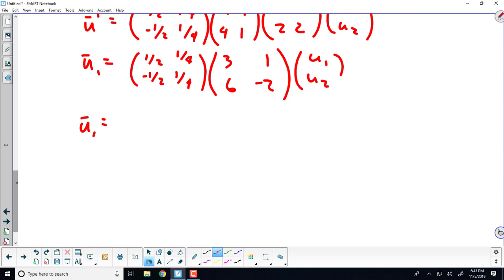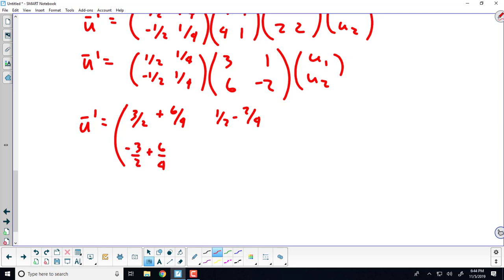Hey folks, if you see me put that prime mark down below, let me know. When we do this last one, I'm going to actually write this out here. This would be 3/2 plus 6/4, right? And then we have 1/2 minus 2/4 for that entry. This entry would be minus 3/2 plus 6/4, and this entry would be minus 1/2 minus 2/4.